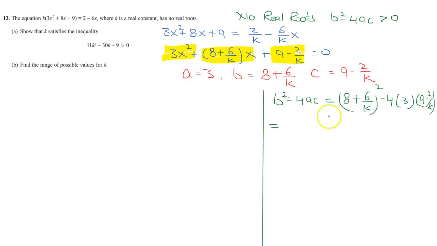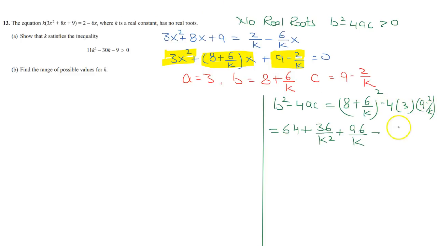Now let me simplify it. 8 square is 64, plus 6 square is 36 over k square, plus 2 multiply 8 multiply 6, that is 96 over k, minus 4 multiply 3 multiply 9.